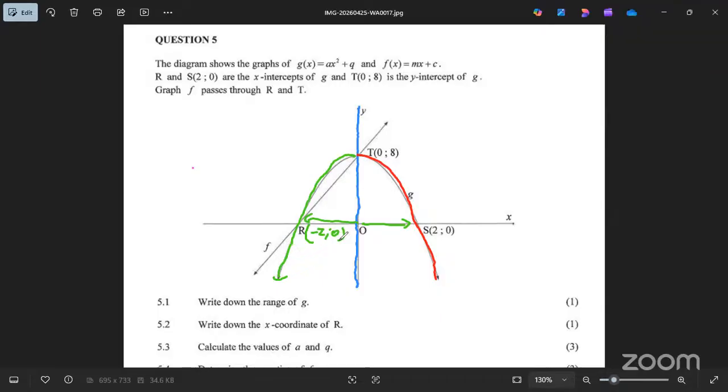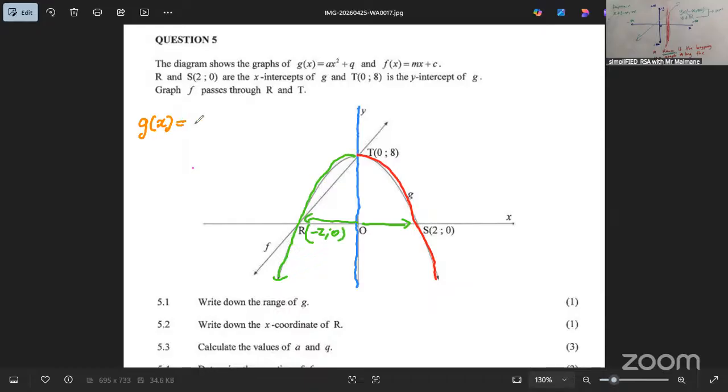Do we not just substitute one of the values of the points given? Okay, substitute where? Let's start with the fact that our g of x, which has A and Q, is ax squared plus q.